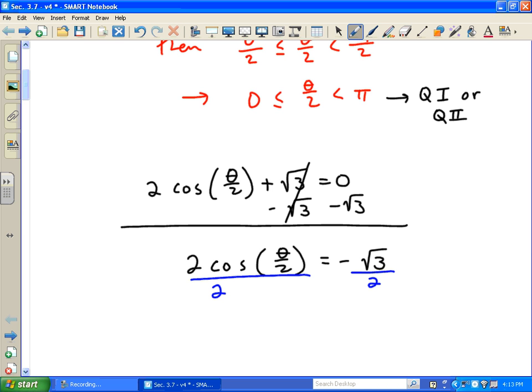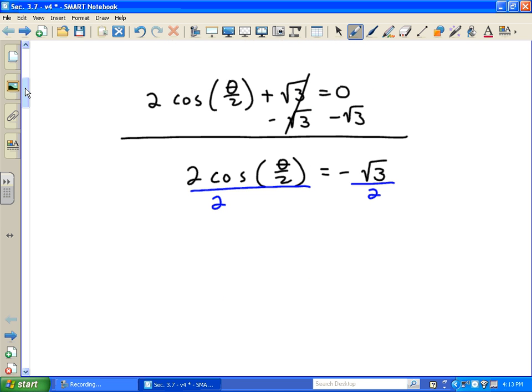I absolutely cannot do anything at this point to get rid of the 2 that's contained below the theta. So be careful. Dividing out the 2, I'll end up with cosine of theta over 2 equals negative square root of 3 over 2.